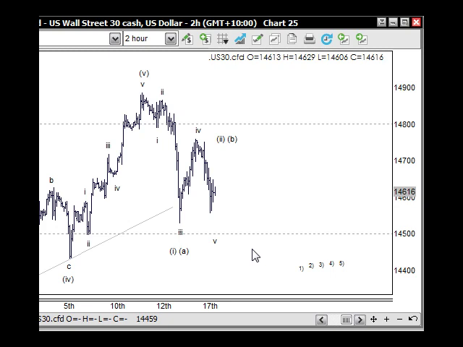So look, there is a bit of conflict there as well. So I think that in the scheme of things, if this 14,500 becomes the retested resistance, then we know that we've got a larger pattern to the downside. So that's one thing that we can look at.